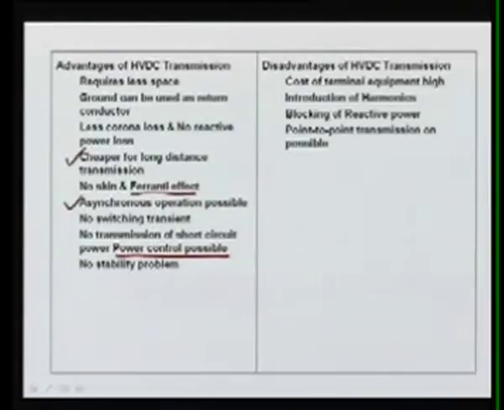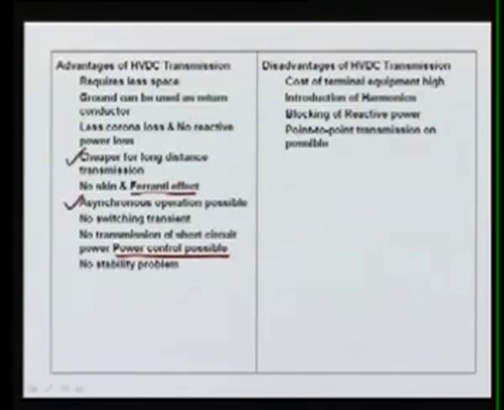Another great advantage of HVDC transmission is that asynchronous operation is possible here. It is nothing but you can interconnect two different frequency systems together with the help of the DC system. In AC, we must always operate all our power system, all the electrical appliances, apparatus and elements at the same frequency level.